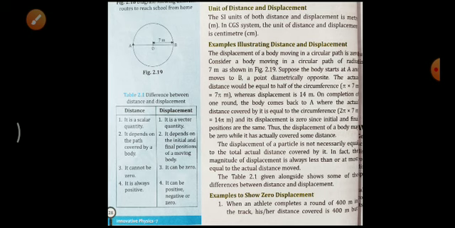Some examples are given to show 0 displacement, in which cases the displacement will be 0. When an athlete completes a round of 400 meter in the track, the distance covered is 400 meter, but the displacement is 0 as the athlete is back at the starting point.